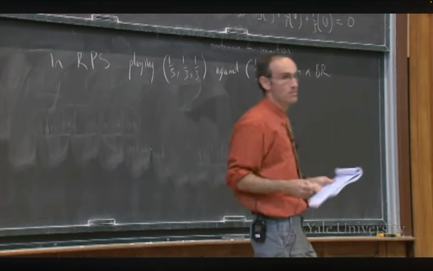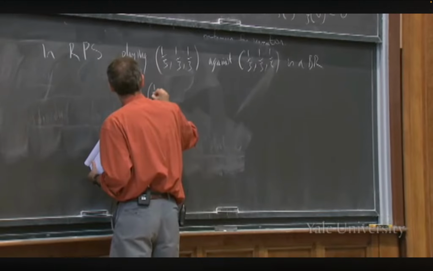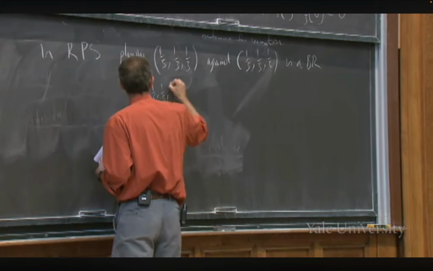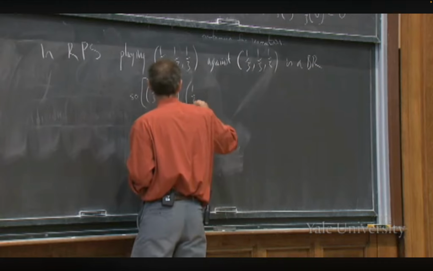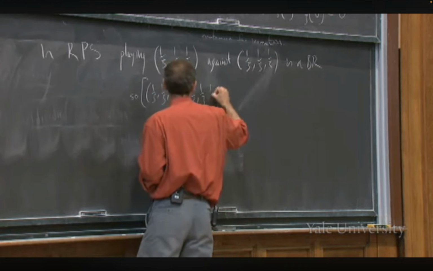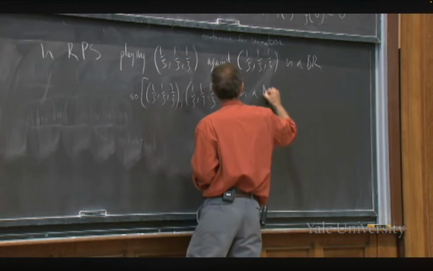In fact, anything would be a best response, but in particular, it's a best response. So, if both people play this, one person plays a third, a third, a third, and the other person plays a third, a third, a third, this is a Nash equilibrium.